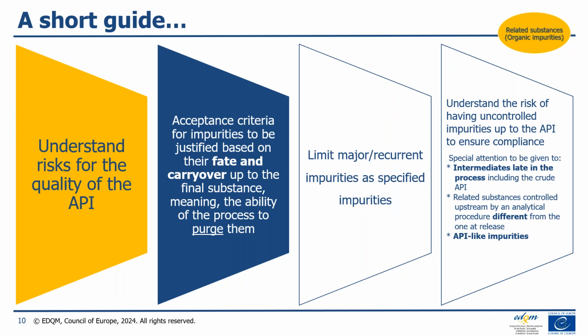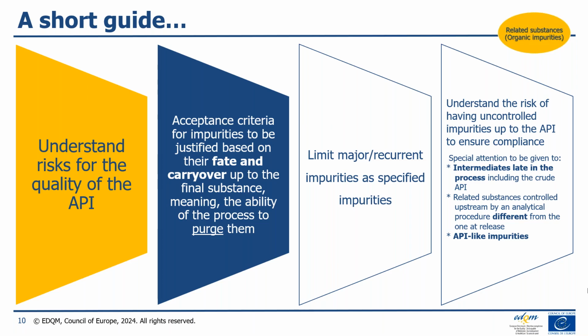To set a good control strategy, you have to understand the risk for the quality of the API, and set acceptance criteria for impurities that are justified based on their fate and carryover up to the final substance, meaning that you have understood the ability of your process to purge the impurities present in the process.